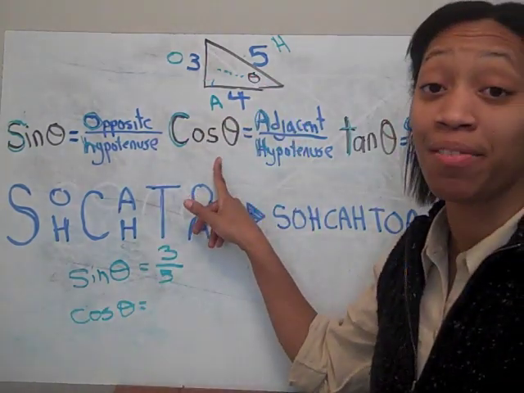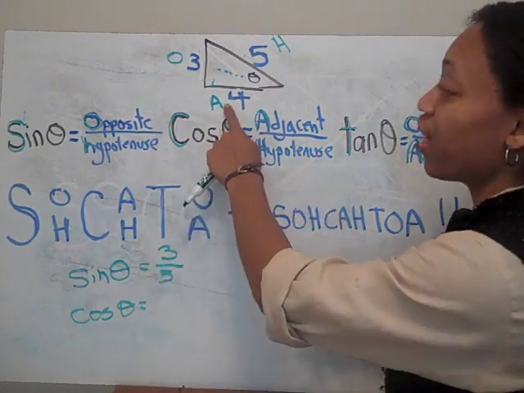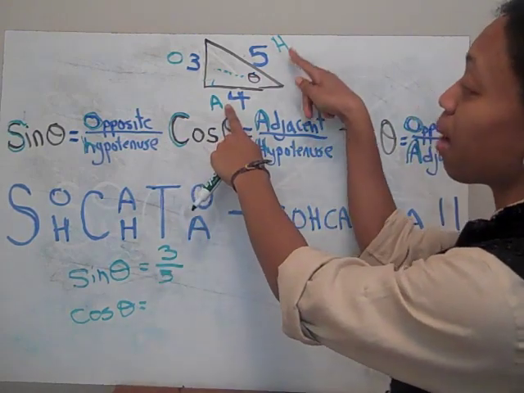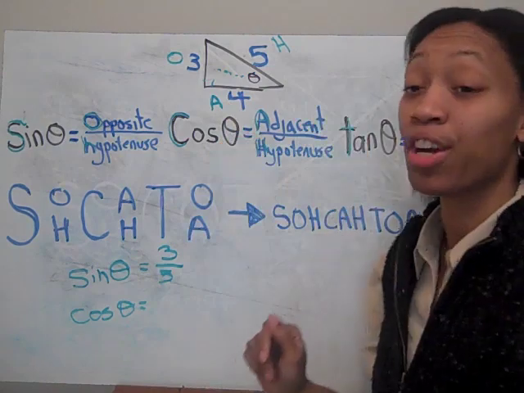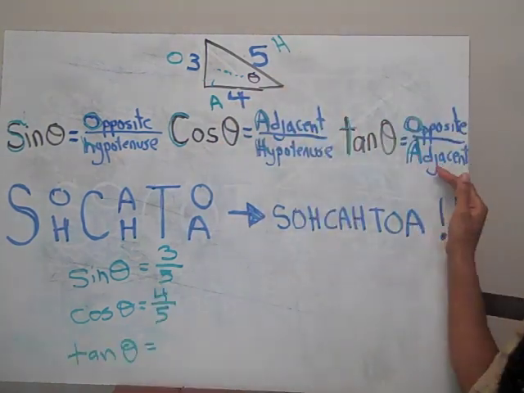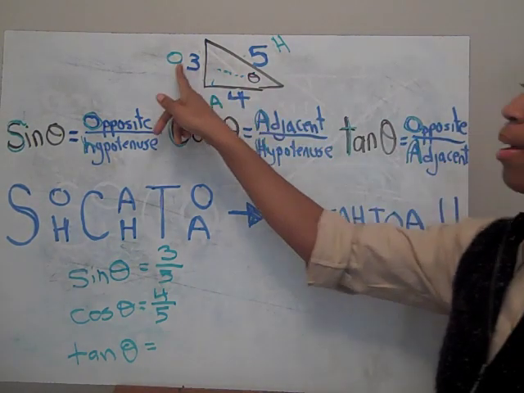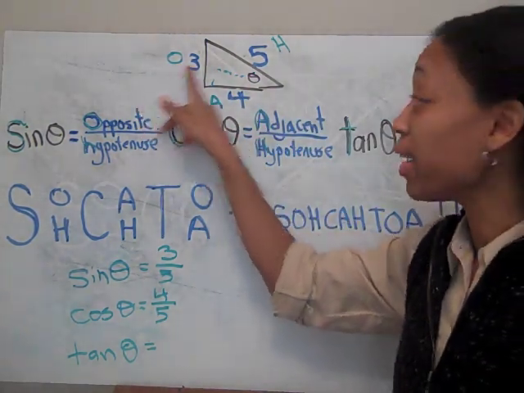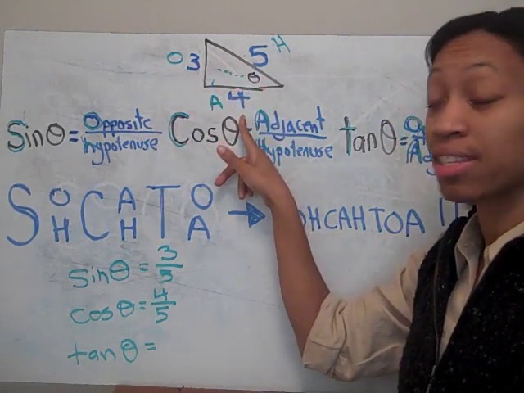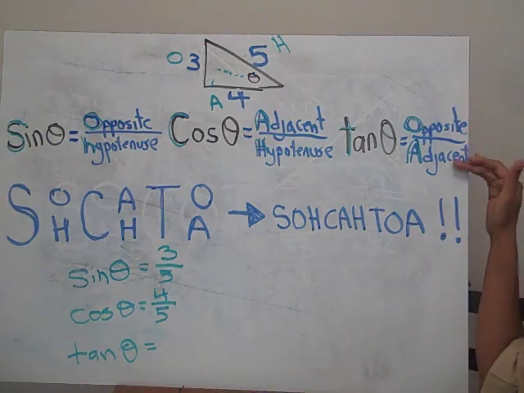The cosine of the angle is the adjacent over the hypotenuse. The adjacent side is 4 and the hypotenuse is 5. The cosine is 4 over 5. The tangent is the opposite over the adjacent. My opposite side is 3 and the adjacent is 4. So my tangent is 3 over 4.